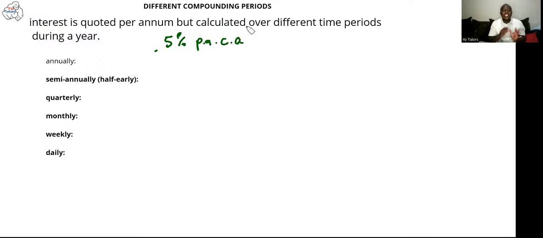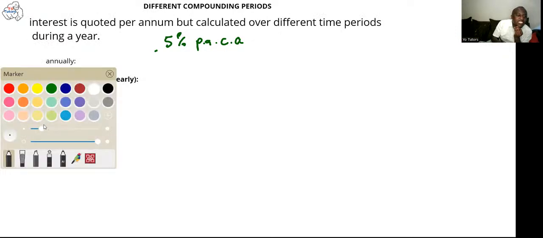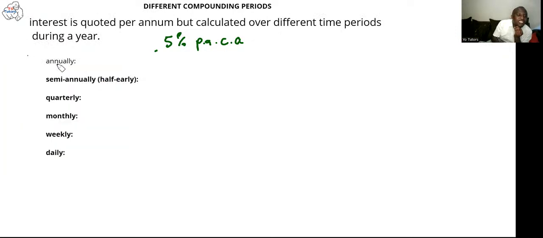In that case, it remains as 5%. But if we have semi-annually, it means that the interest is calculated twice a year. So semi-annual is 2 times.